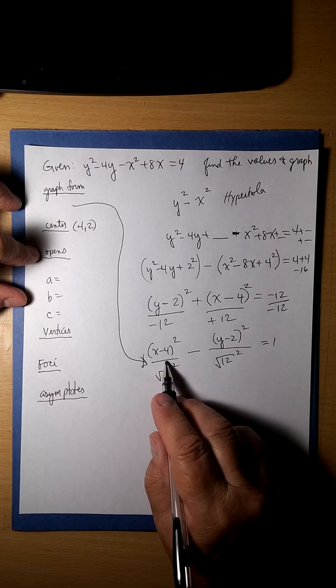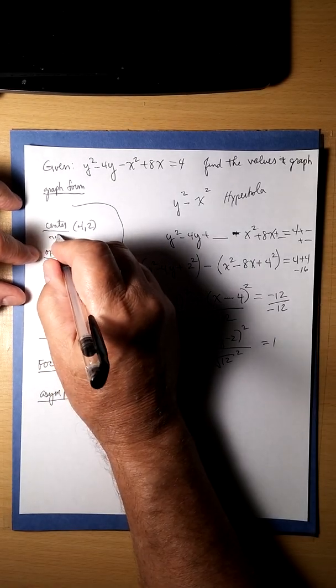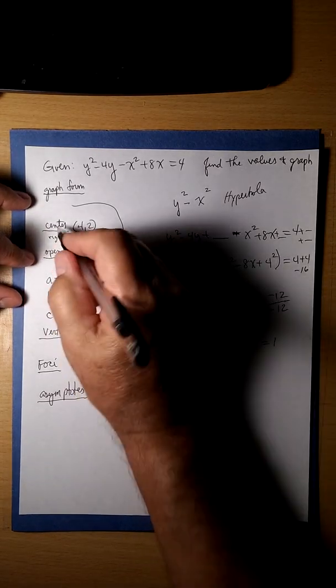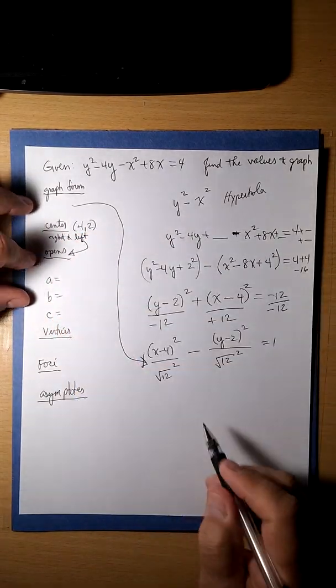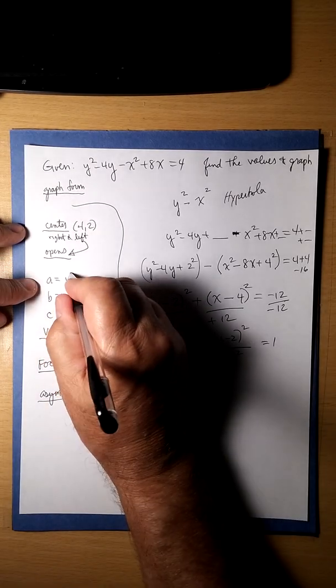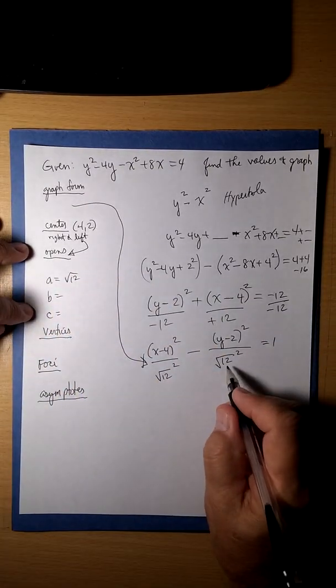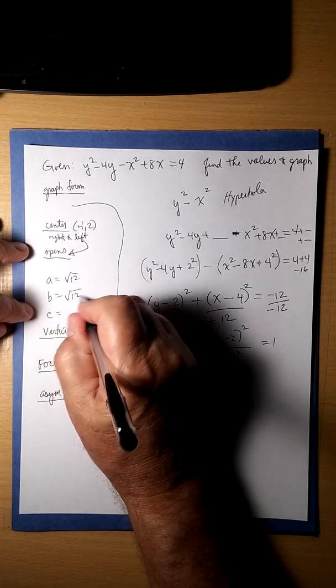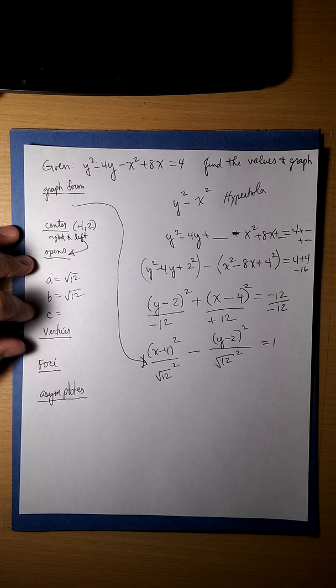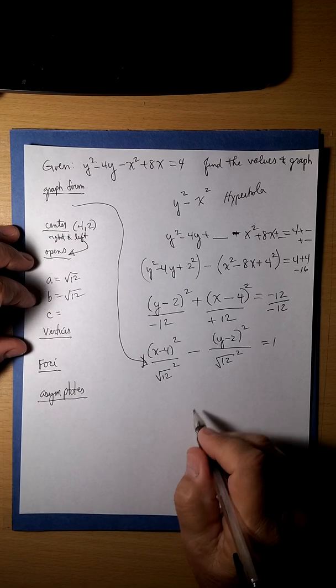It opens right and left. The value of a is always underneath the x, the square root of 12. The value b is also square root of 12. You wouldn't have screwed this one up. But we can start graphing this so we can get the rest of these things.